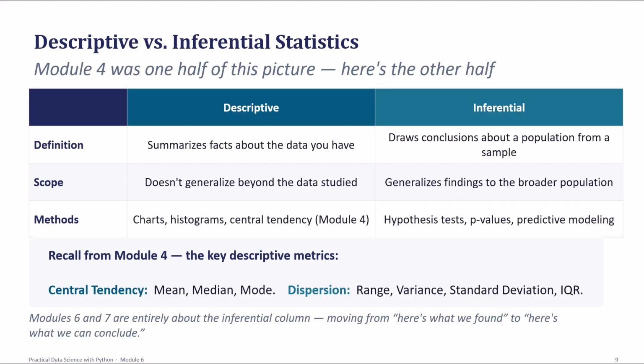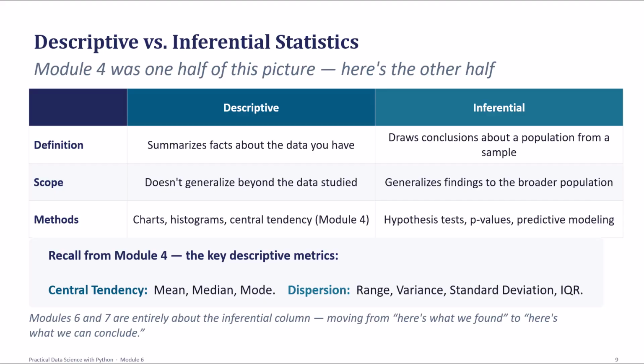Descriptive doesn't generalize beyond the data in the study, but inferential generalizes findings to the broader population. Method-wise, charts, histograms and central tendency, which we have studied before, apply to descriptive. For inferential, we have hypotheses, tests, p-values, predicting, modeling and so on. If you recall, the key descriptive metrics we used before were central tendency, which are mean, mode and median, and dispersion, which are range, variance, STD and IQR. So modes 6 and 7 are entirely about the inferential column.